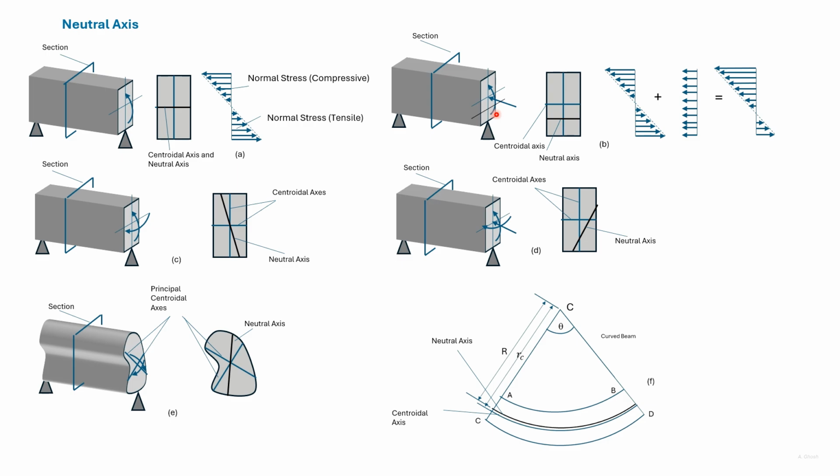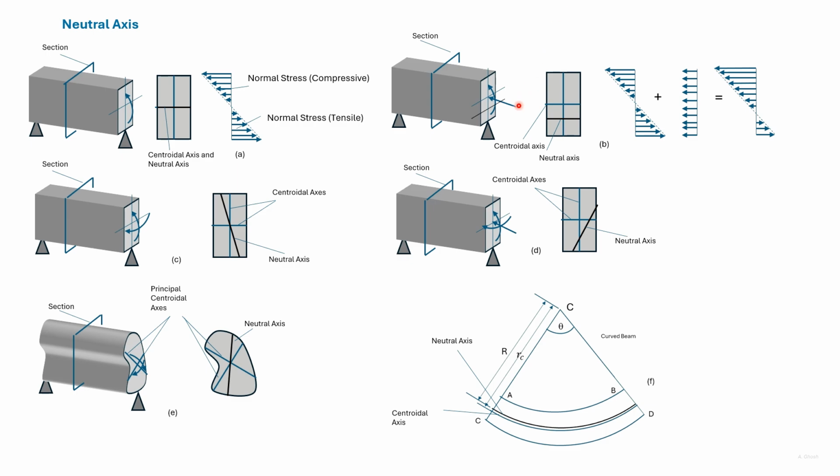Here we have another case where there's a moment applied about an axis of symmetry, but we also have axial load acting. Again, we consider a section as shown. Then at this section, this is the stress due to bending, and this is the stress due to axial force. As such, this is the stress acting on the section.